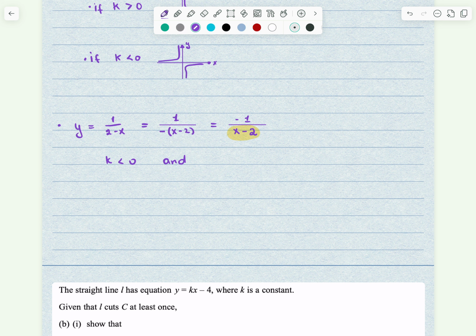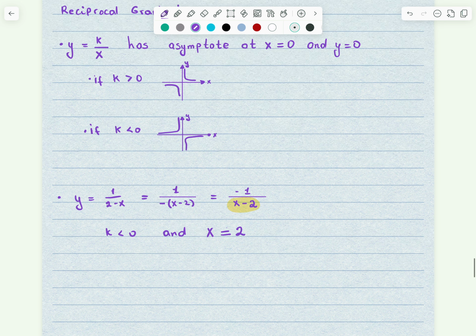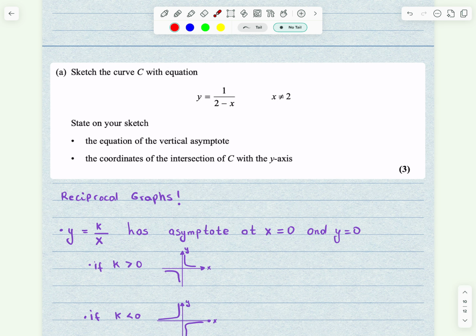The denominator is 0 only when x equals 2, so x cannot be 2. They said it at the top of the question too. That's where we have the vertical asymptote.